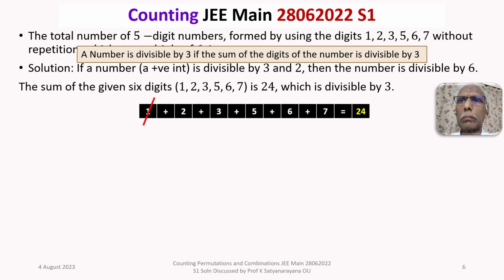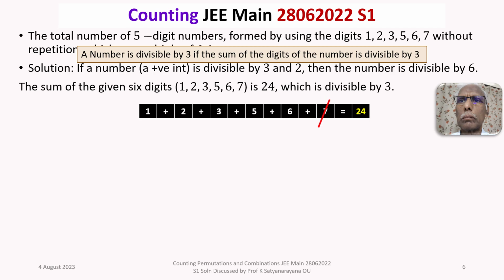Therefore, 1 cannot be removed. So let us say we remove 2. Then the sum of the digits is 22, which is not divisible by 3. And if you remove 5, then 24 minus 5 is 19, which is not divisible by 3. Therefore, 5 cannot be removed. 7 also.